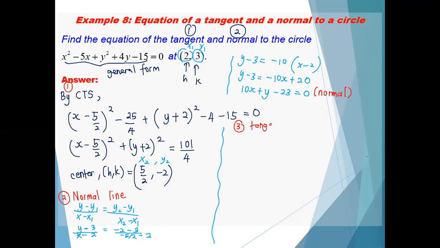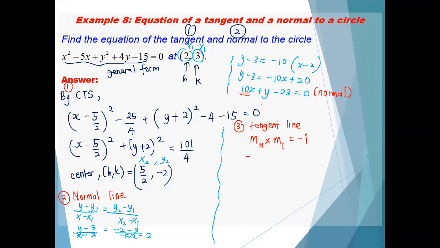Okay, so the tangent line. We know that the gradient of normal times the gradient of the tangent line is equal to -1. So, gradient of normal. So, gradient kat mana? Gradient kat sini.